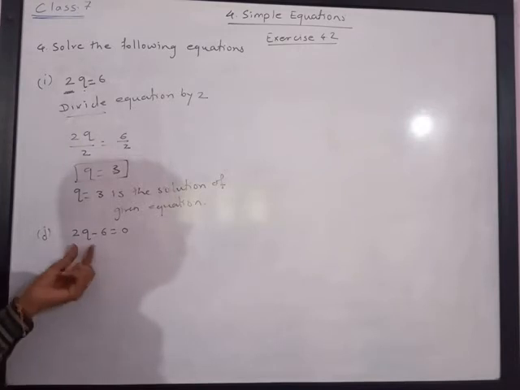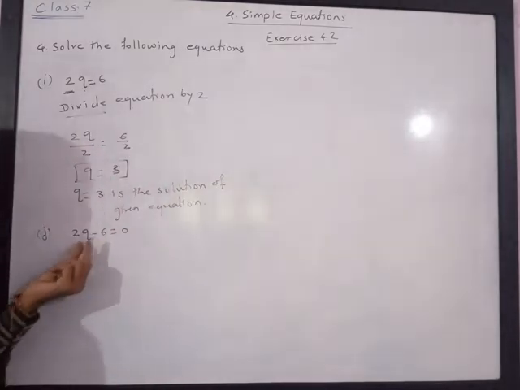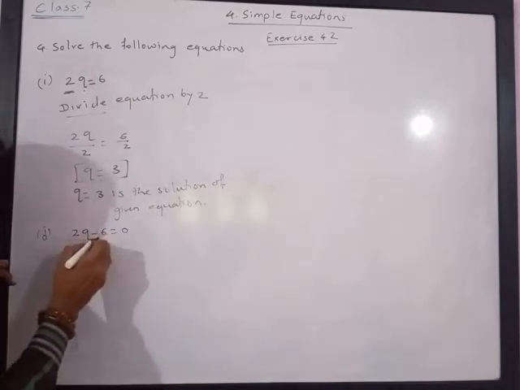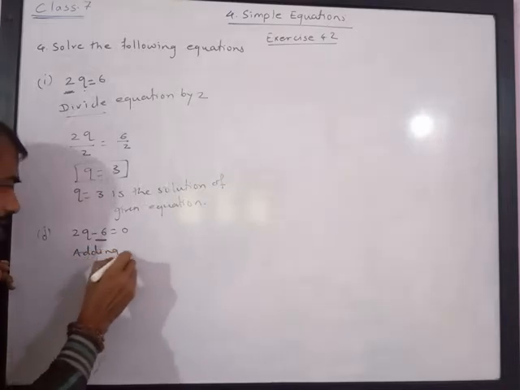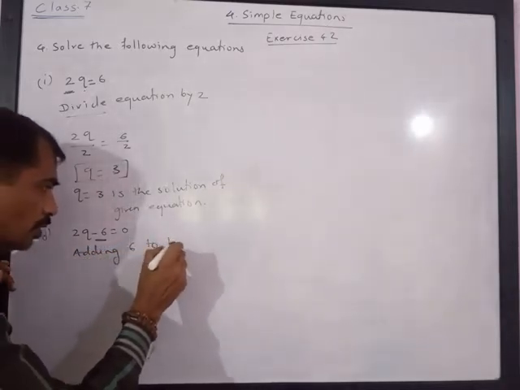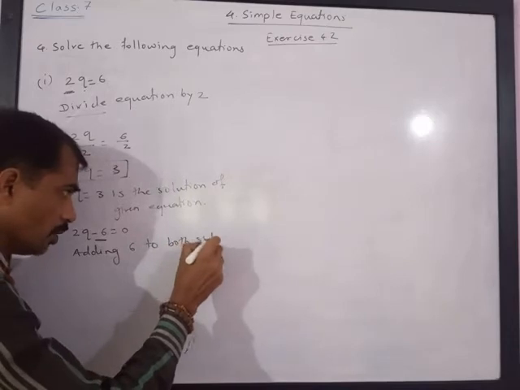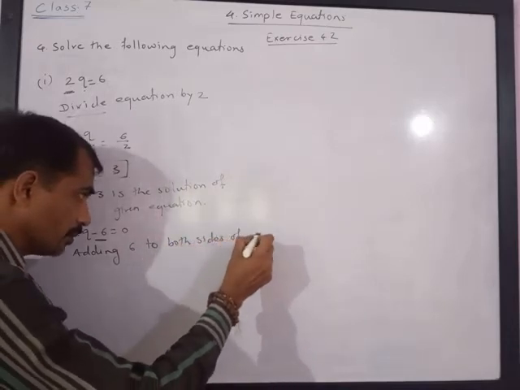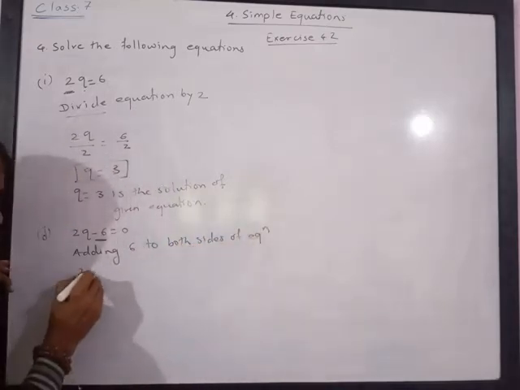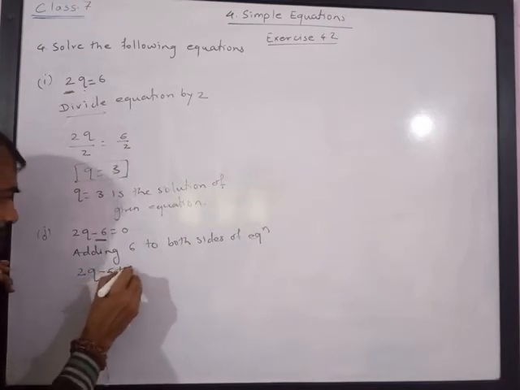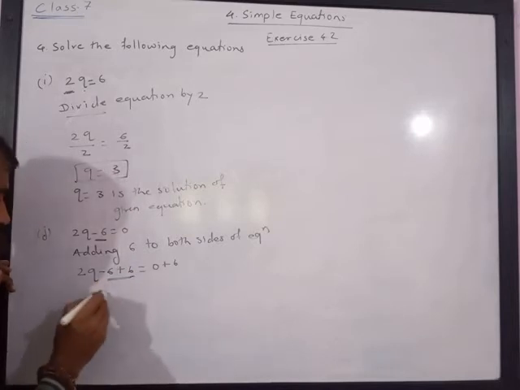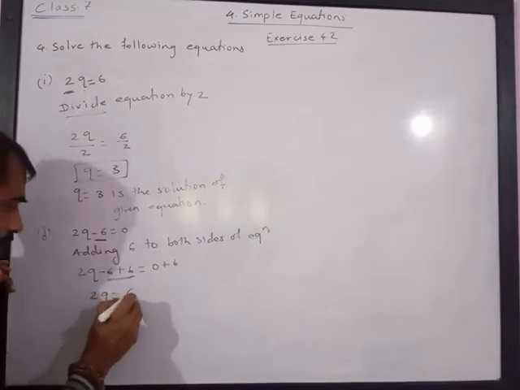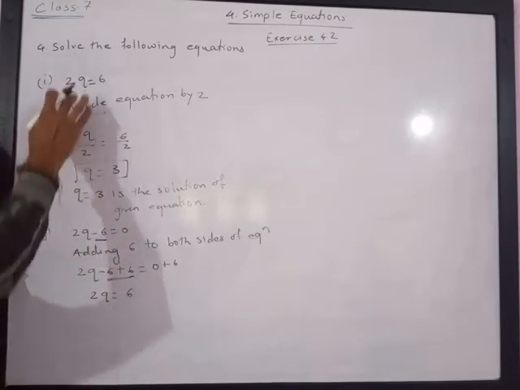Dear friends, next question is 2q minus 6 is equal to 0. Here we need to eliminate 6 first. Please note this 6 is subtracted, so we do the opposite operation, that is adding 6 to both sides of the equation. So we will get 2q minus 6 plus 6 is equal to 0 plus 6. This negative 6 plus 6 is 0, so you will get 2q is equal to 6. Now this type of problem we have already solved.